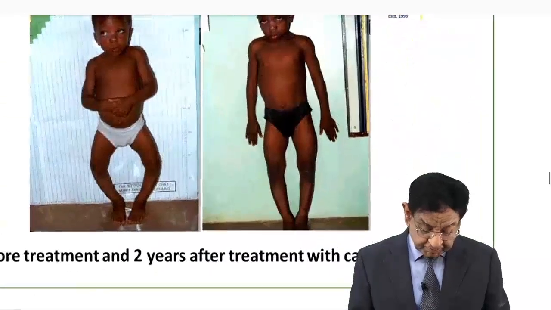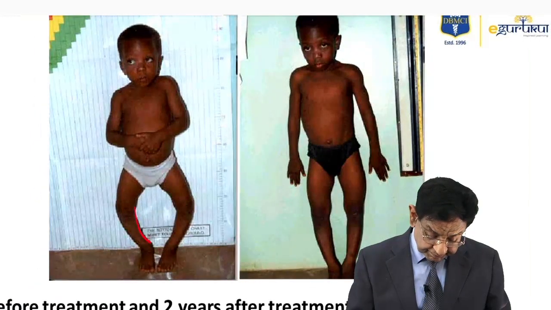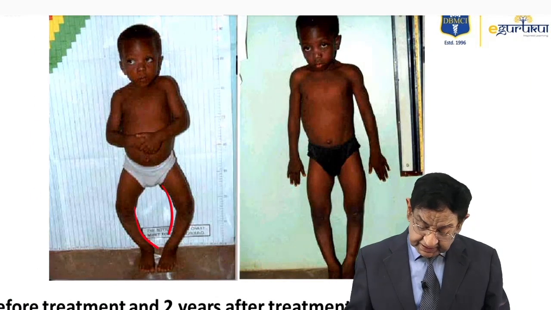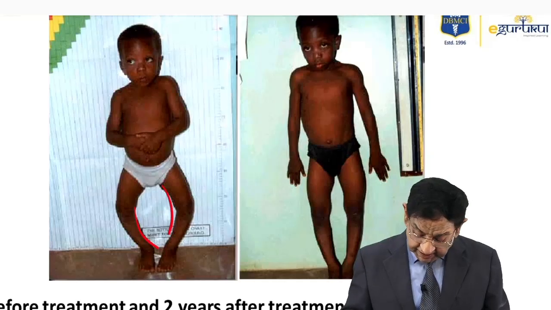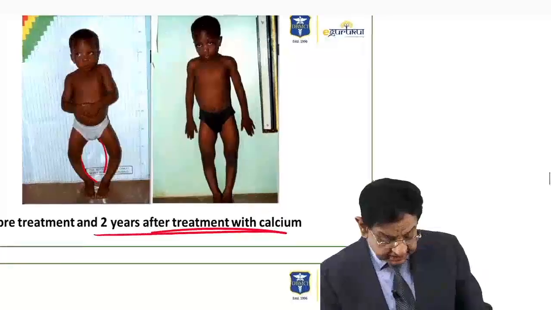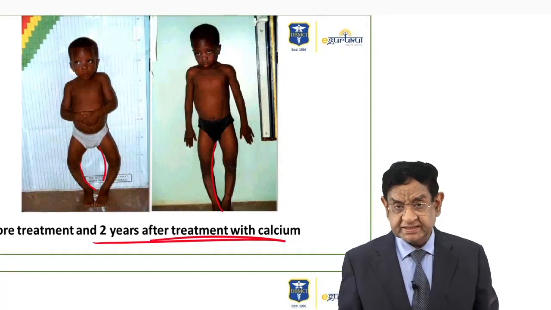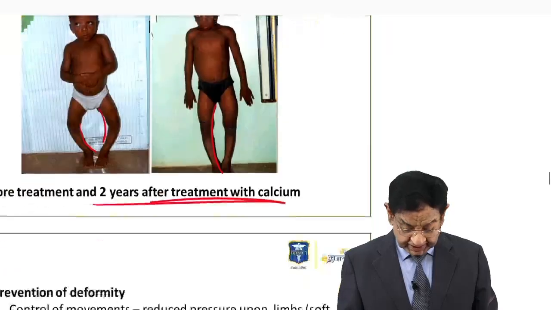This you can see, classical bowing of the leg, and this patient 2 years after treatment with calcium and vitamin D, you can see the bowing has totally disappeared and the child is fairly well.